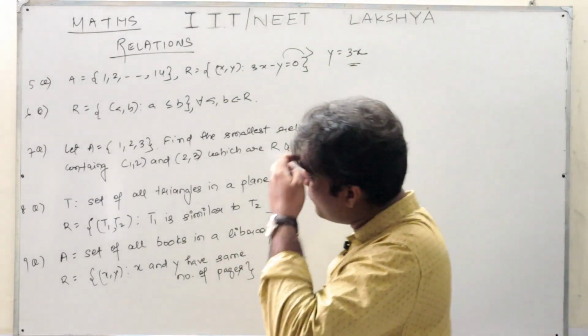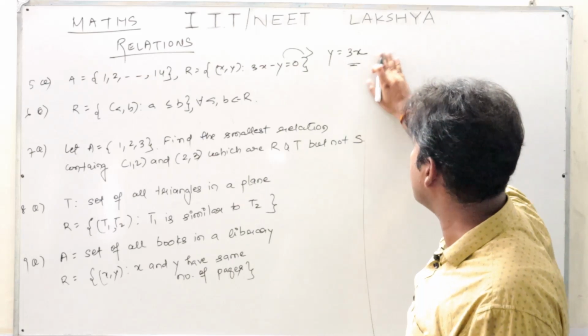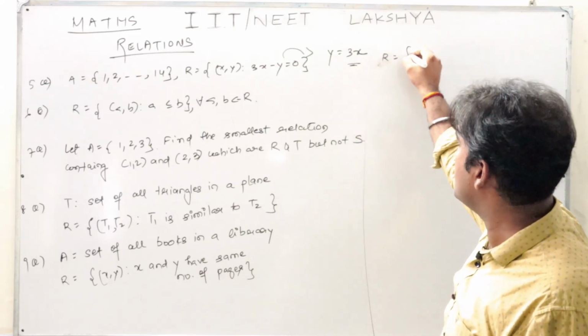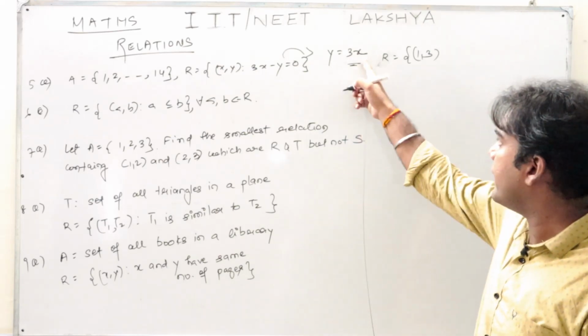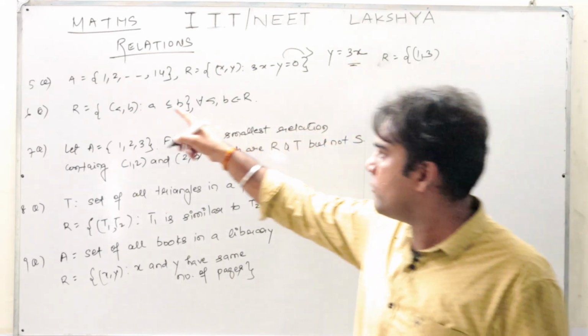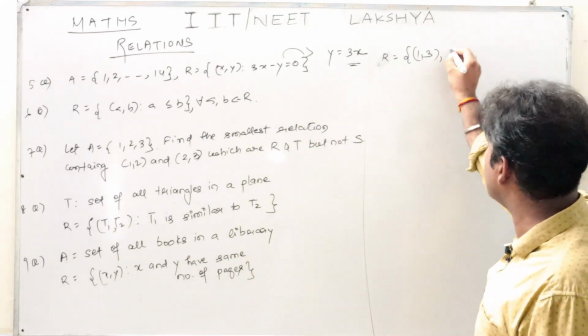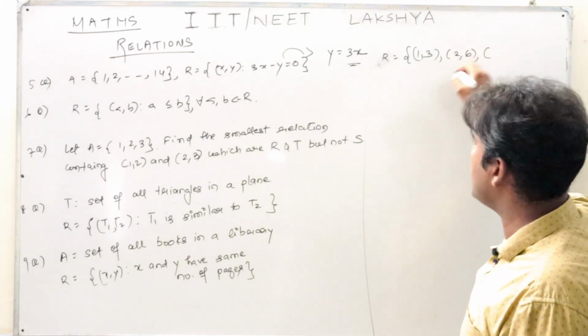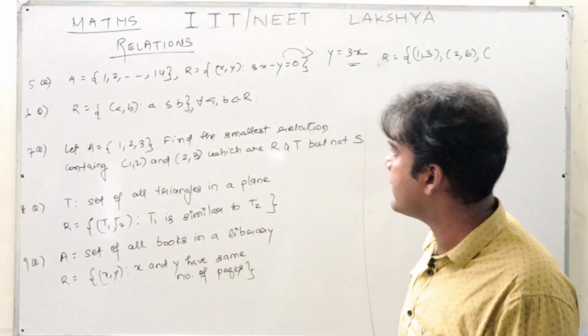So here if you see carefully, then what will come in your relation R? You will have (1, 3), because 1 into 3 is 3. Then you will have (2, 6), because 2 into 3 is 6.